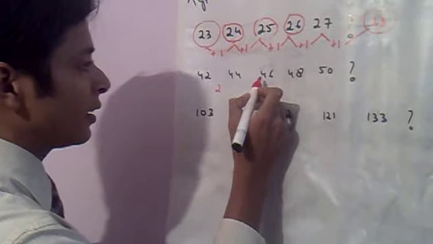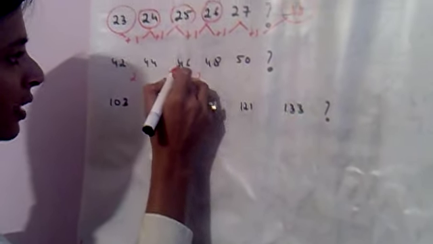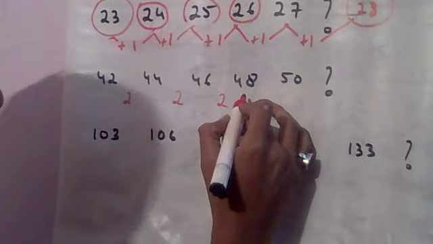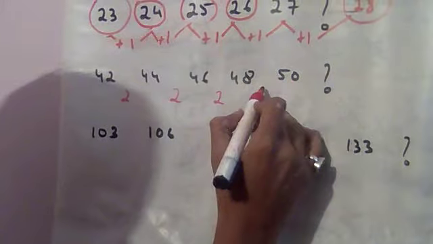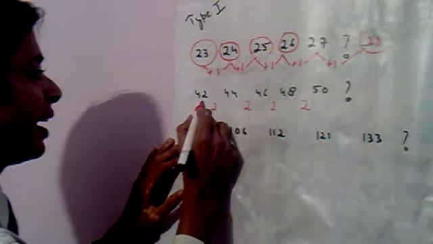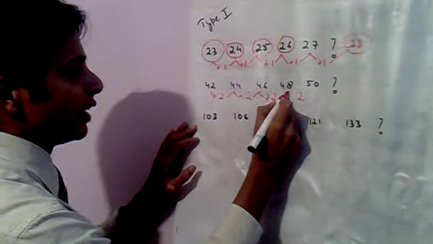Then I subtract the second number from the third number and I get 2. Then I subtract the third number from the fourth number and I get 2. And I subtract the fourth number from the fifth number and I get 2. Same way, we have found the pattern that every time a 2 is added to a number and the next number is generated.